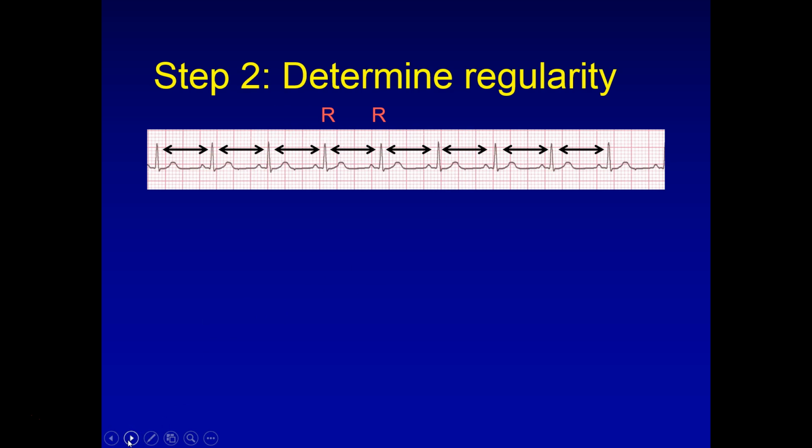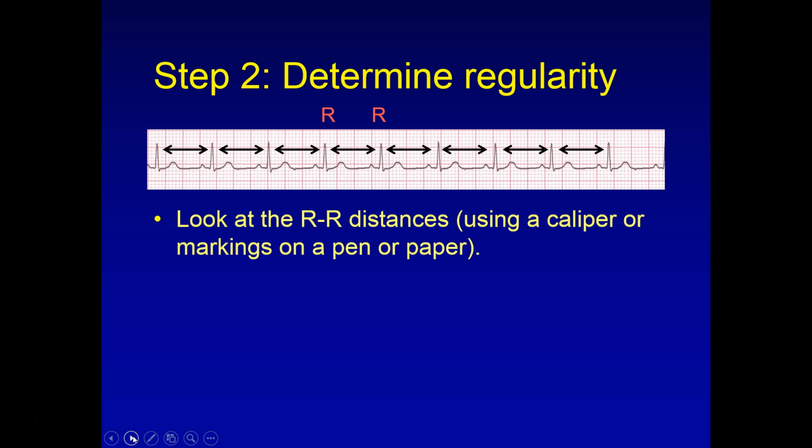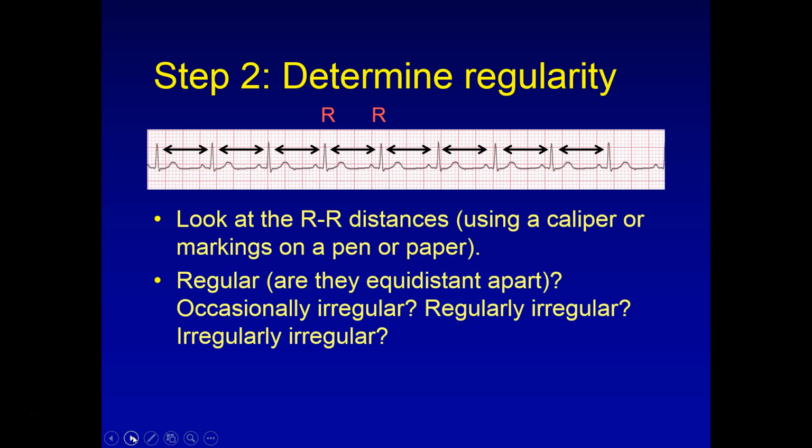You can have some respiratory variation with that. It won't be much, but if you find that your waves do not align, then you're not looking at a sinus rhythm because it's irregular. Okay, so that's a regular rhythm.